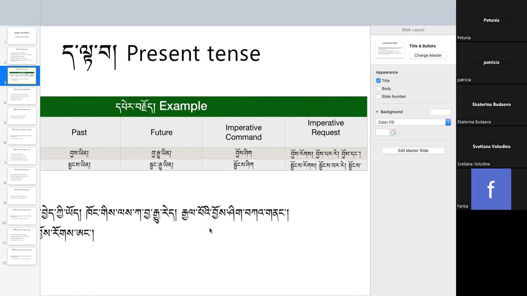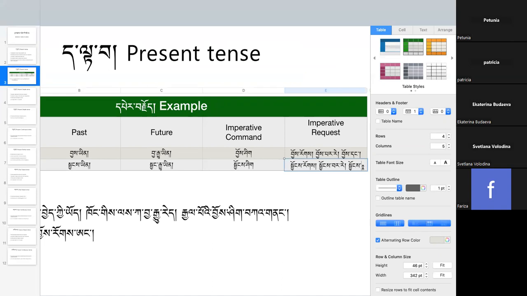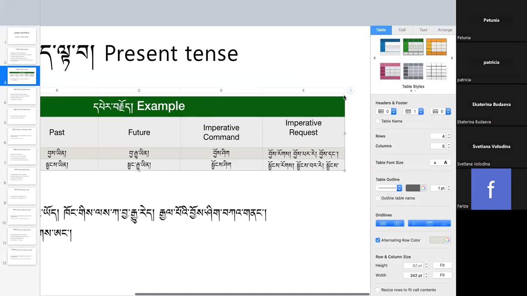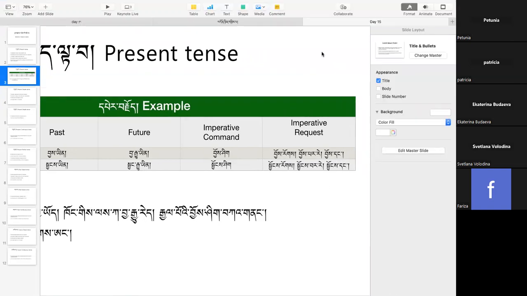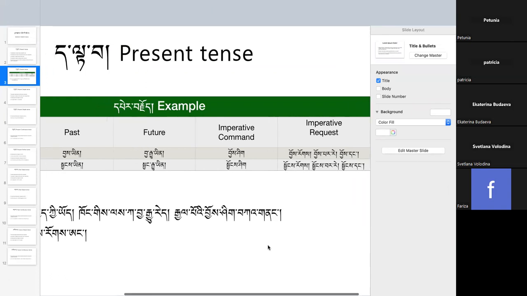Jongwar re is also requesting, and jong is saying please study. Which is advising someone to study.